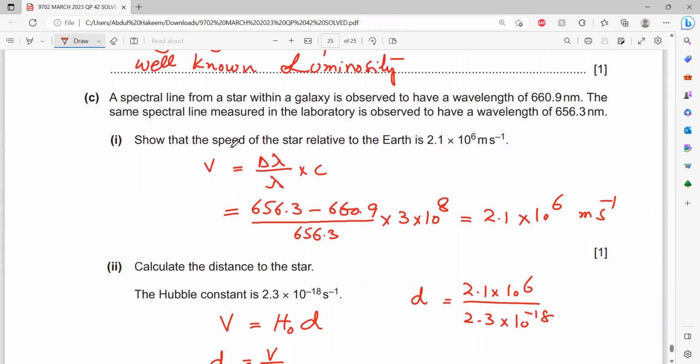The question is, show that the speed of the star relative to the Earth is 2.1. This means recessional speed. The formula is: speed is equal to change in lambda divided by actual lambda, multiplied by the speed of light. This is the change in lambda, and the actual lambda is smaller than the observed, 656.3, times the speed of light. You will get this answer, which is 2.1 times 10 power 6.